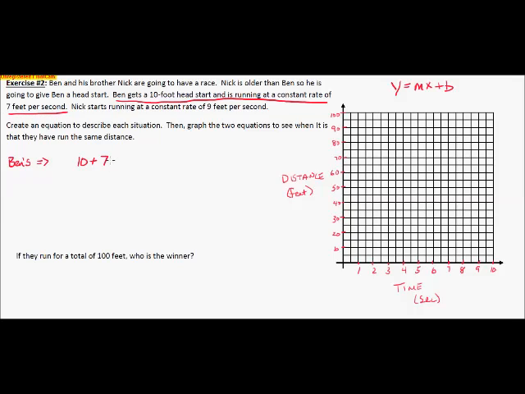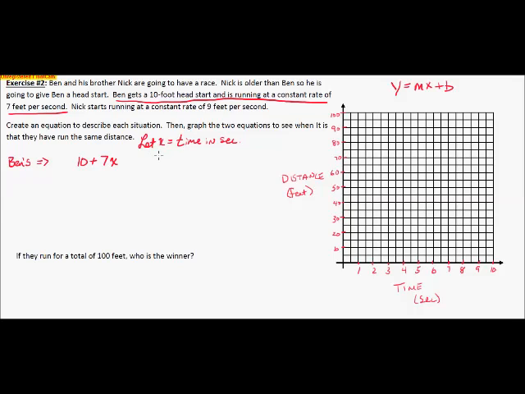I'm going to have 7 feet for every second, and that's what I don't know. I don't know how much time they're going to run, so that's going to be my variable. I'm going to say let x equal the time in seconds. I could use a t if I wanted, but I'm going to use an x.